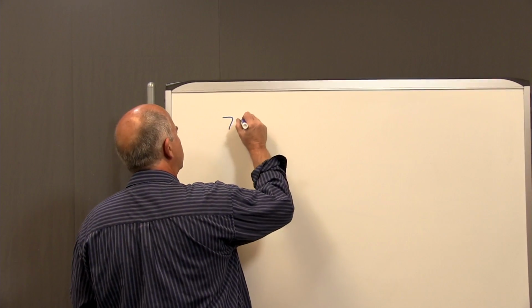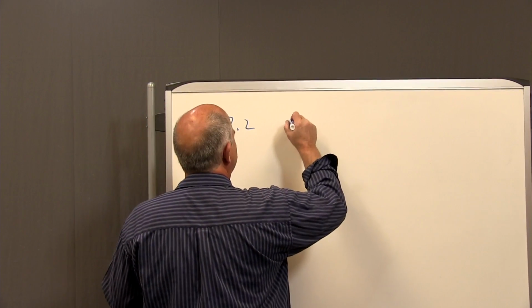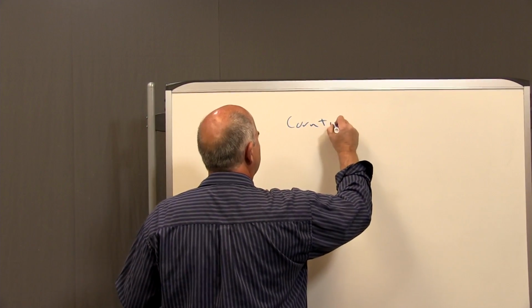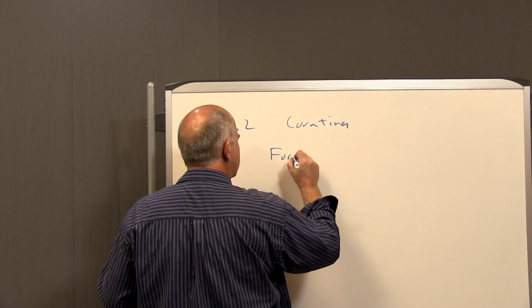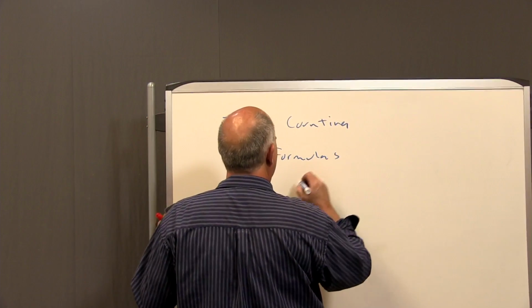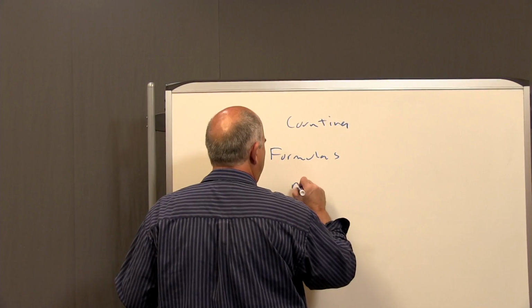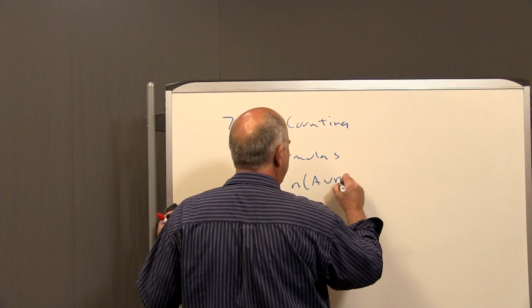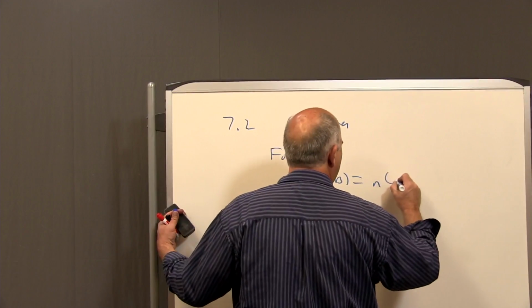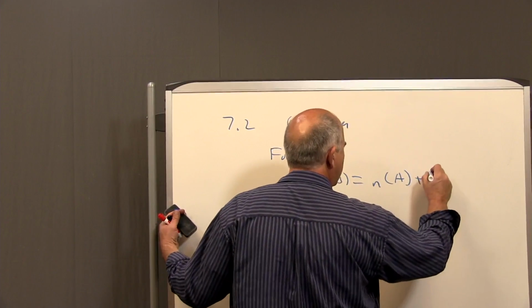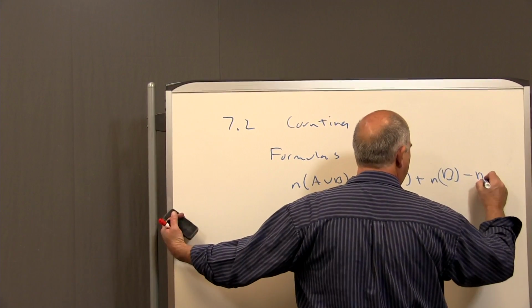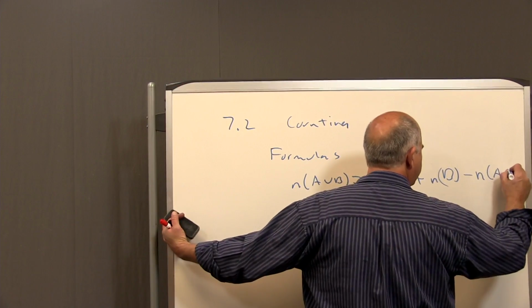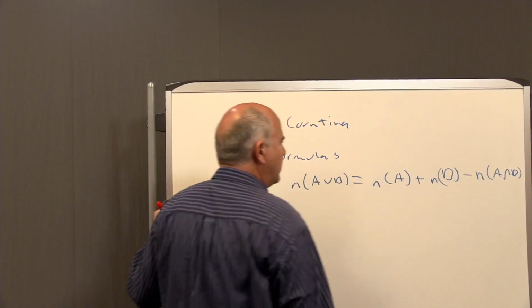Still in lesson 1 is 7.2, and this is counting, right? And you had your formulas, N of A union B equals N of A plus N of B minus N of A intersect B, right?